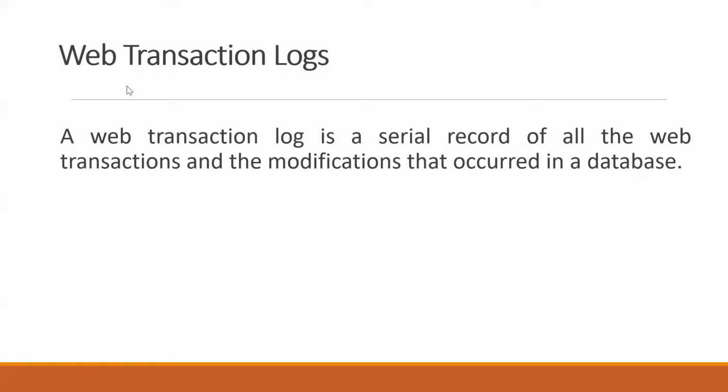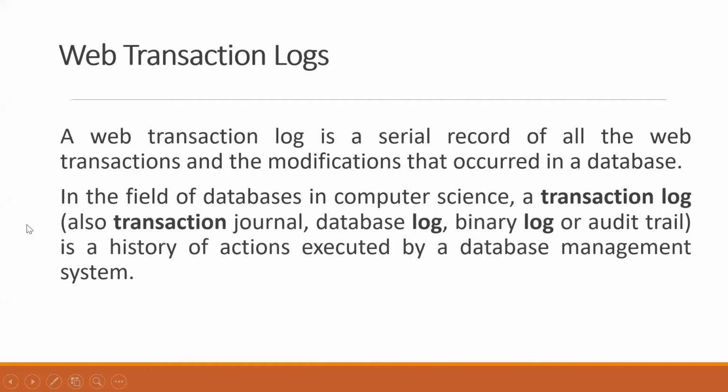A lot of transactions will happen online. All these transactions will be recorded in a database. So those are basically called web transaction logs. I repeat, web transaction logs are the database which will record all the activities of customers online, right? Those are basically called web transaction logs.